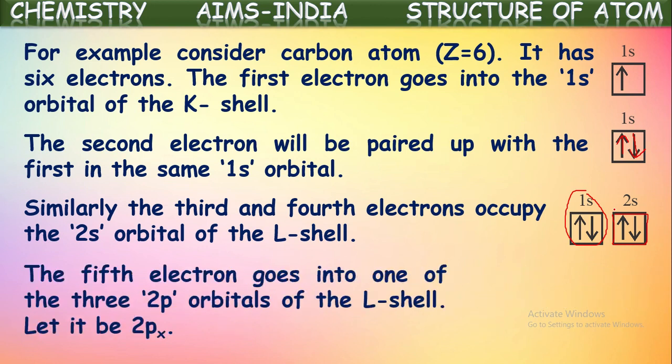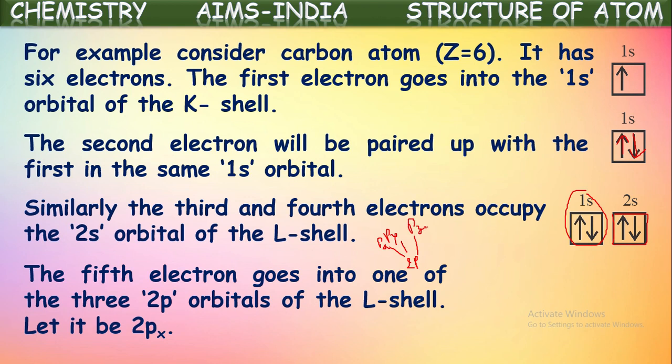Now the fifth electron goes into one of the 2p orbitals. In the second shell, along with the 2s subshell, there is also a 2p subshell. We know the p subshell contains 3 orbitals: px, py and pz.